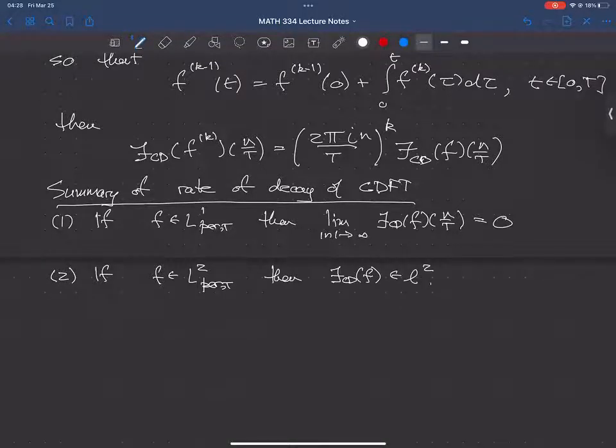And this is a rate of decay condition, right? So this just means go to 0, and as I indicated last time, you have no real control over the rate at which the CDFT goes to 0 here. But being in L2 means that you must have this.